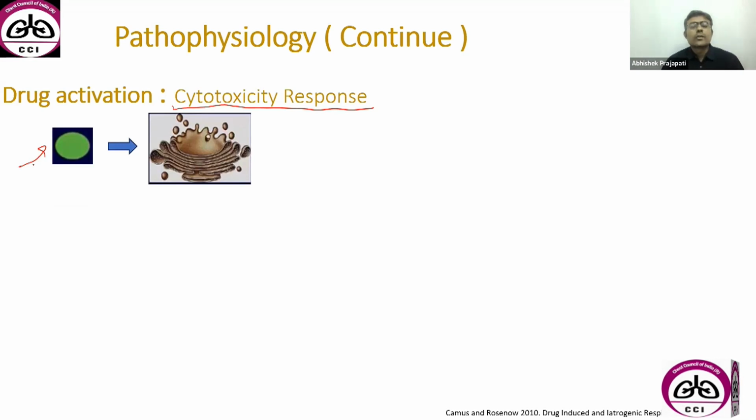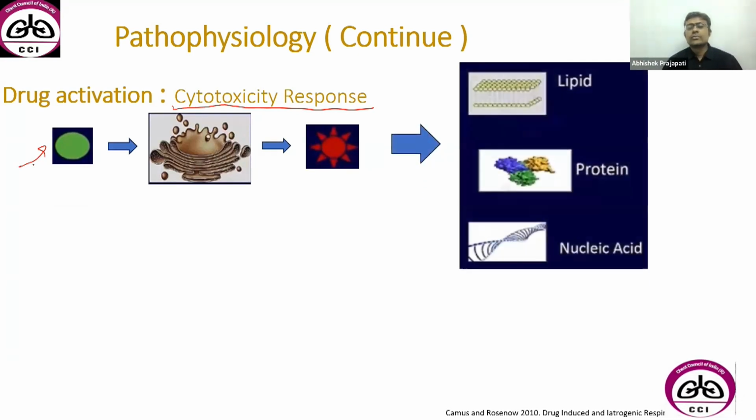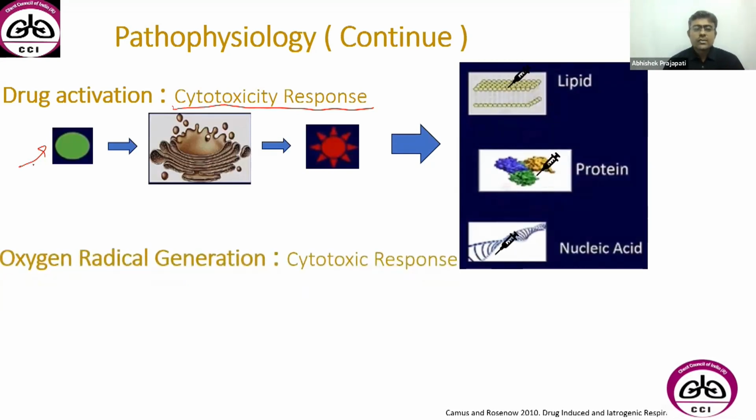These drugs are incorporated into the endoplasmic reticulum and converted into highly active lipophilic material by the cytochrome P450 system. This then acts on lipids, proteins, or nucleic acids, and leads to cytotoxic injury. The mechanism is an oxygen radical generation cytotoxic response.